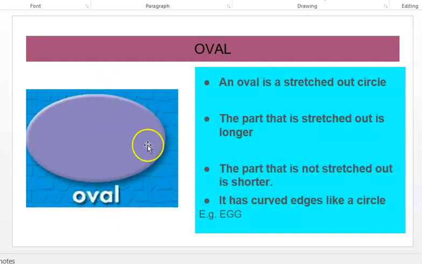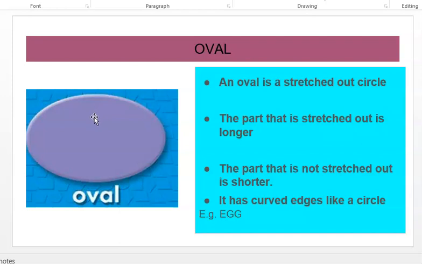Like in a circle, if you run a line through the middle all the way around, you will keep having the same diameter. But in an oval, if you run a line across the middle along the stretched out ends, we have a longer diameter than if the line runs across the unstretched ends. So that's the basic difference between circle and oval.